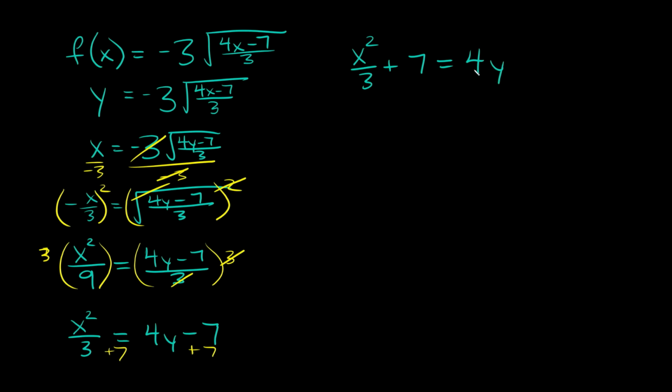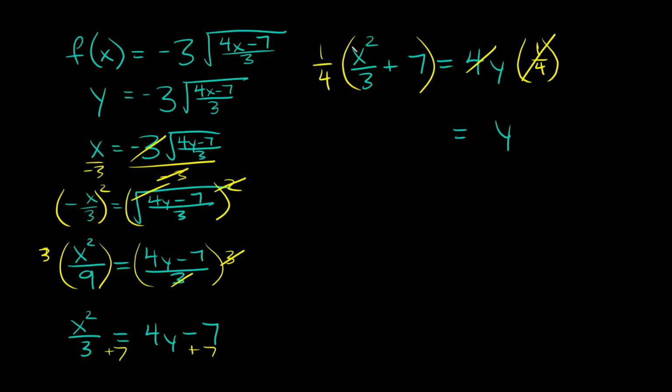And lastly, we can get rid of the 4 by dividing by 4, but in this case, since we already have a fraction here, maybe it's a little easier to just multiply by 1/4, okay? So let's multiply this whole side by 1/4, and we'll multiply this whole side by 1/4. So then here the 4 and the 1/4 cancel out, so we're just left with y is equal to this whole mess. So here we can just multiply everything by 1/4.